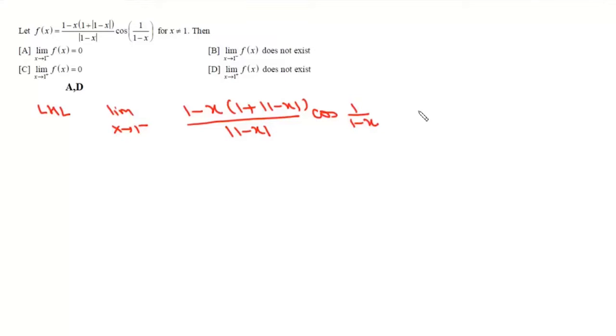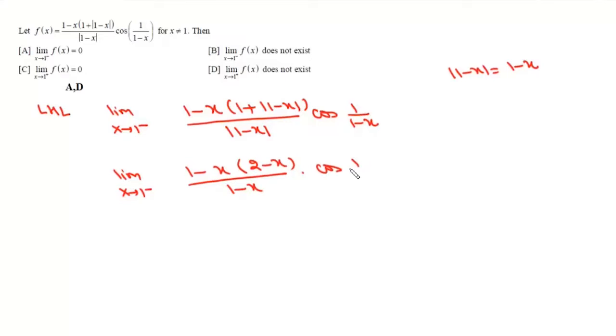Now when x is less than 1, then mod of 1 minus x will be simply 1 minus x. So we write this as the limit x tends to 1 negative of (1 minus x) into (2 minus x) upon (1 minus x) into cos(1 upon 1 minus x).